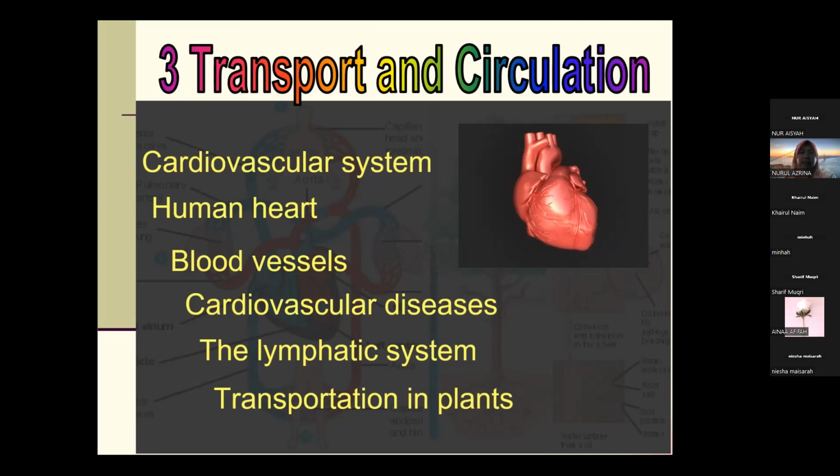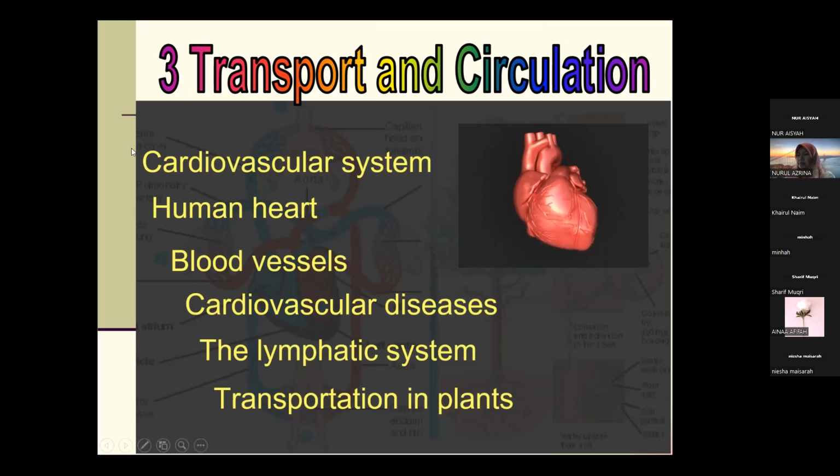Next we are going to learn about the cardiovascular disease, penyakit-penyakit yang berkaitan dengan jantung dan juga salur darah kepada jantung, lymphatic system and transportation in plants. So this is what we are going to learn in chapter 3.